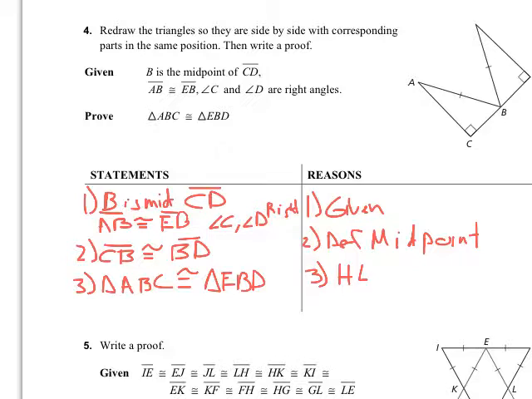We can determine that the bottom legs are congruent by the definition of midpoint, and then we can use hypotenuse leg to say that those are congruent. What if I needed to take my proof one step further and prove that AC is congruent to ED? Yep, that's when I would use my CPCTC, right? Because AC and ED are corresponding parts of congruent triangles. Okay?